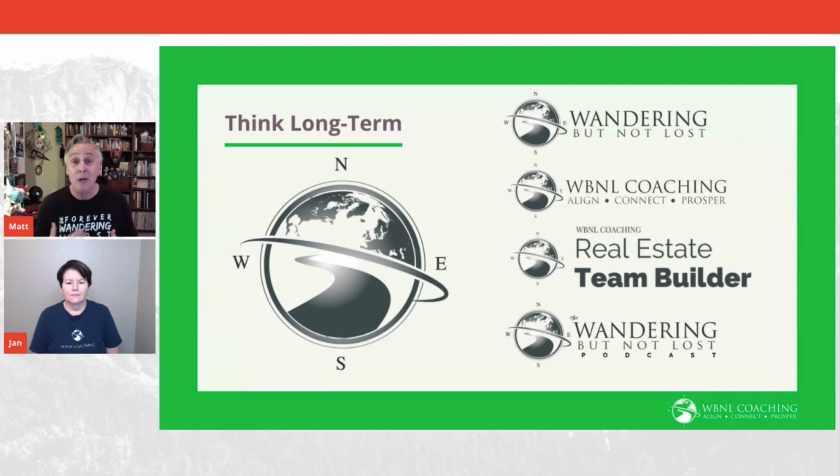I look at the path on here as not only a place for wandering, but if you want to talk about a deeper meaning, and to be fair, this was not how we came up with this because someone designed this for us, but in retrospect, this path was the path that Jan and I were on the day that we decided to create WBNL Coaching. And look where that path leads, right to your heart, mind, and your business. So there's a lot of things you can read into a logo as your business progresses.